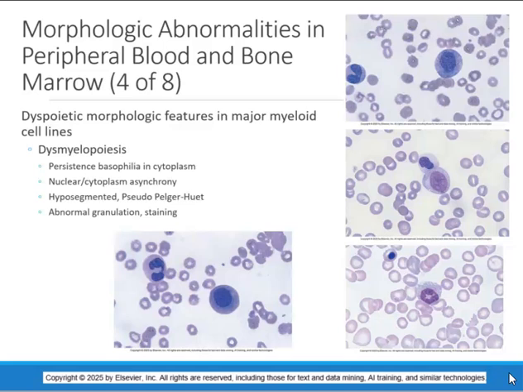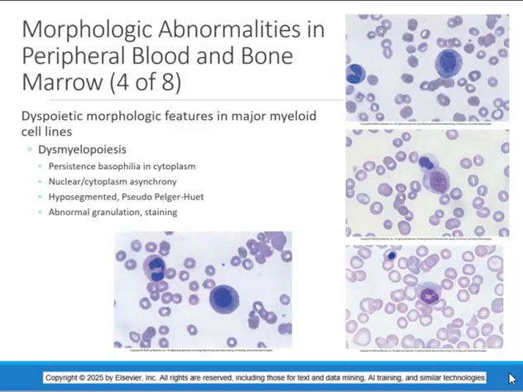So usually looking at the myeloid side of it, we do have abnormal myelopoiesis, so it's dysmyelopoiesis. So usually what we'll see is persistent basophilia. So now we're getting what's called an asynchrony between the nucleus and the cytoplasm. They don't develop in unison like they should. One is off. It's not following up.